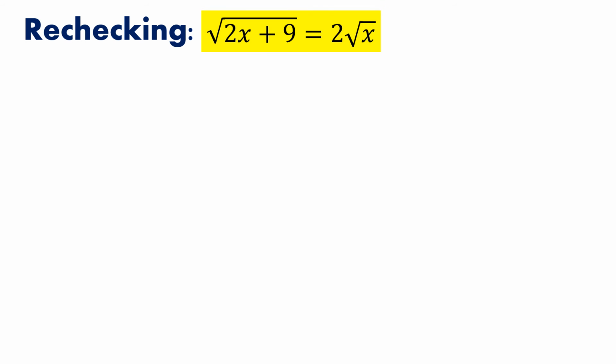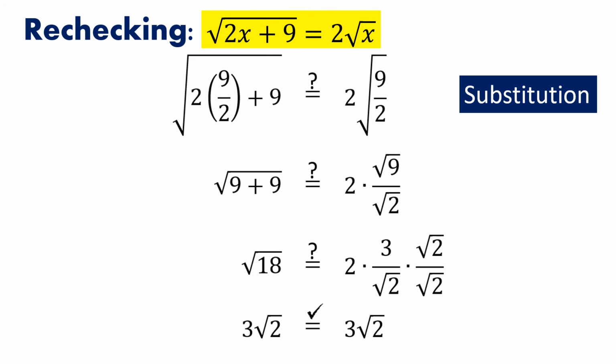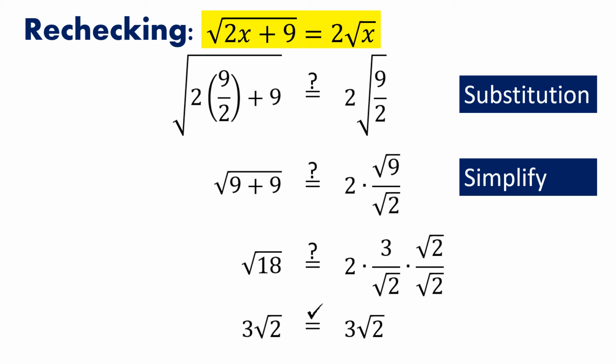We can check our solution as follows. We substitute x equals 9/2. We simplify the left-hand side and use the radical property on the right-hand side.